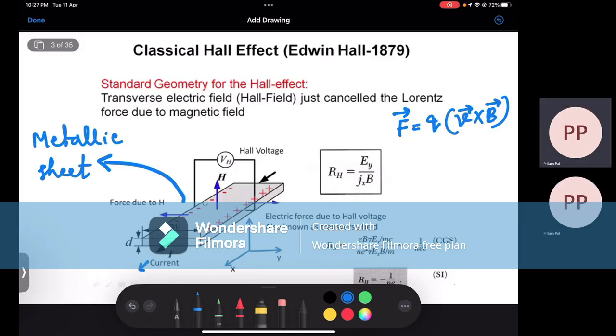That is why charge accumulation happens, and after a certain time, in equilibrium, we get a voltage built up along the y direction.